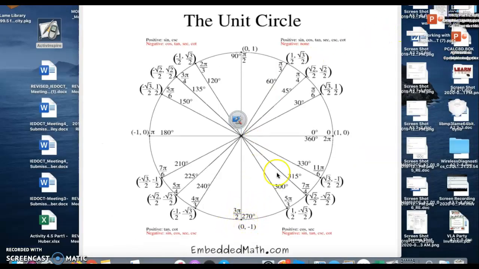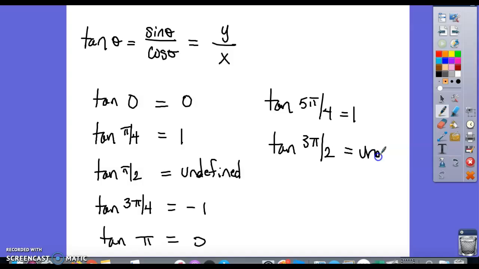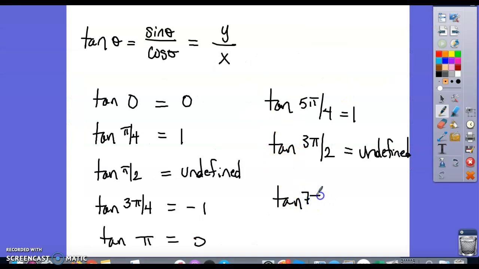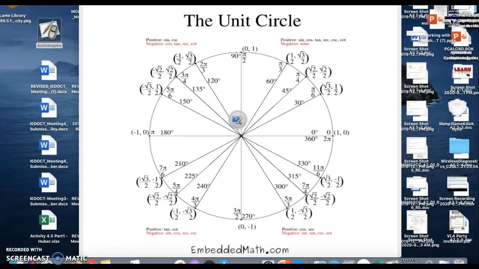It's -1 divided by 0, so it's undefined. The tangent of 7 pi over 4 is -1, and the tangent of 2 pi is 0.